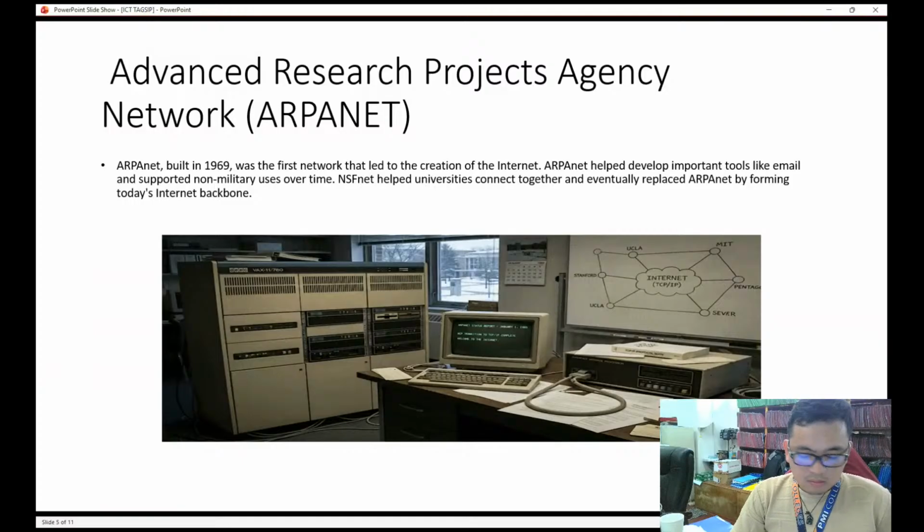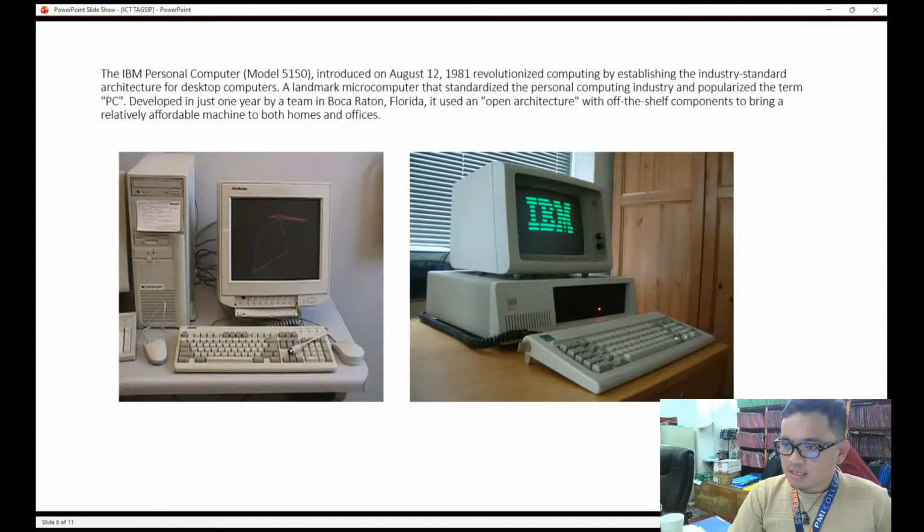So the processor we use today in our computers is still an Intel. I'm familiar with the Intel, and I did not see the Altair processor, but the Altair inspired the development of personal computers. Next is the IBM Personal Computer model 5150, introduced on August 12, 1981.